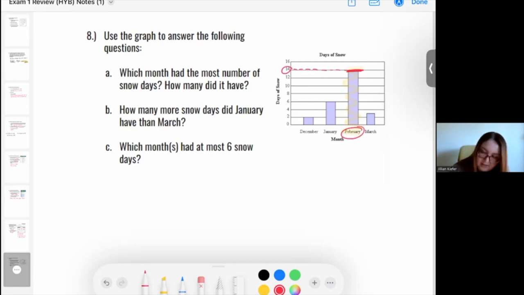So February had the most number of snow days at 14 snow days.